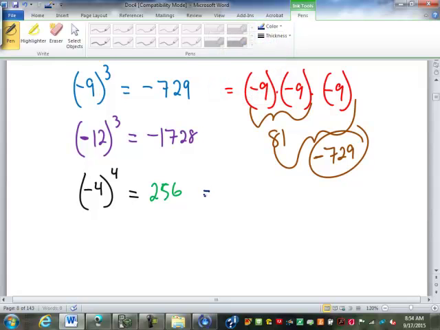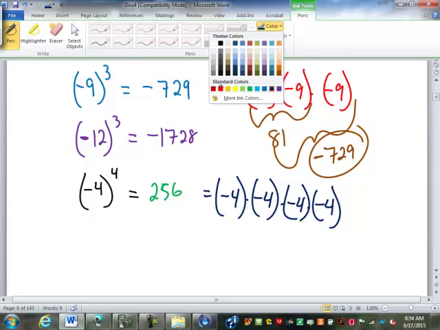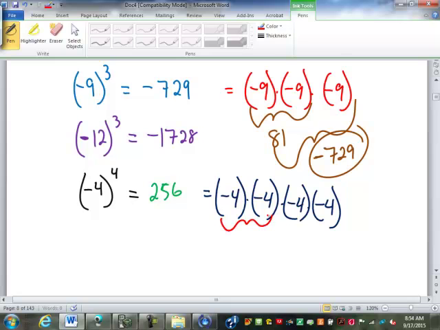If we were to write that all out, negative 4 to the fourth power is 4 negative 4s being multiplied together. Negative 4 times negative 4 is a positive 16. Times the negative 4, well, positive times the negative is a negative. 16 times 4 is 64.